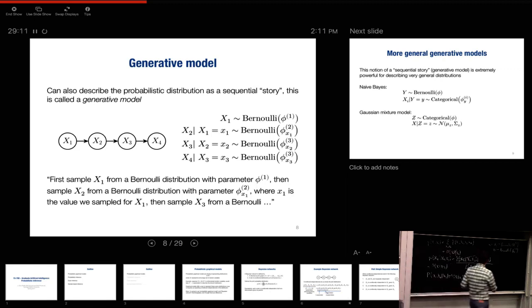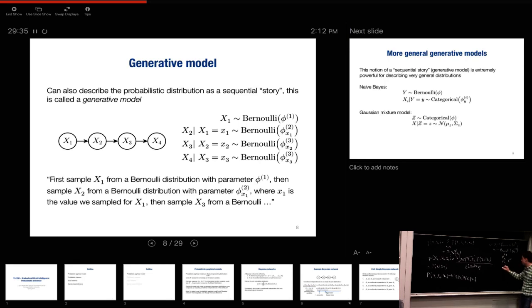The parameters of this entire model would be the following. There would be phi1, one parameter to dictate the first variable. The next set of parameters would be phi2,0 and phi2,1. Those encode the probability that this is 1 given this one being 0, and this is 1 given this one being 1.